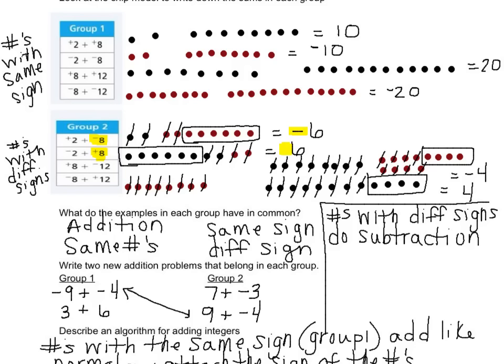And the third one, the 12 is a bigger number and positive, so my answer was positive. And then it switches to the 12 being positive, so my answer is positive, or having the lack of a negative sign in there. So numbers with different signs, you do subtraction and take the sign of the bigger number.